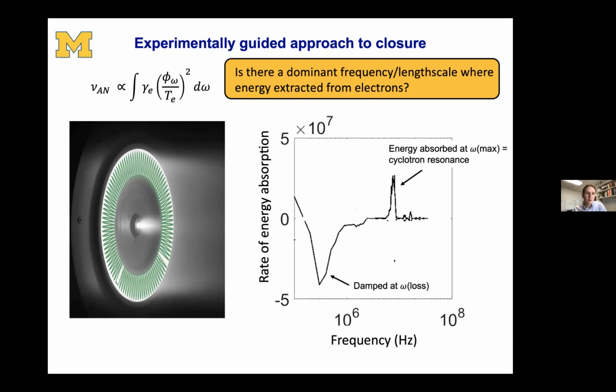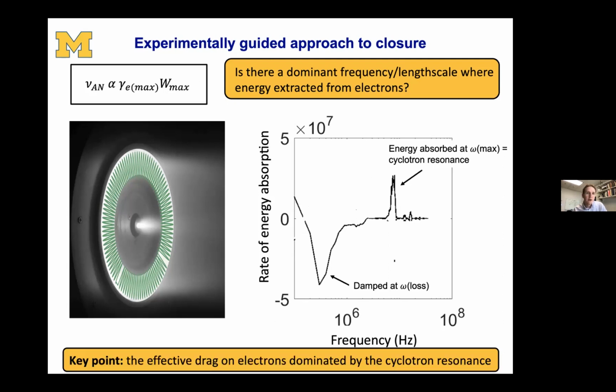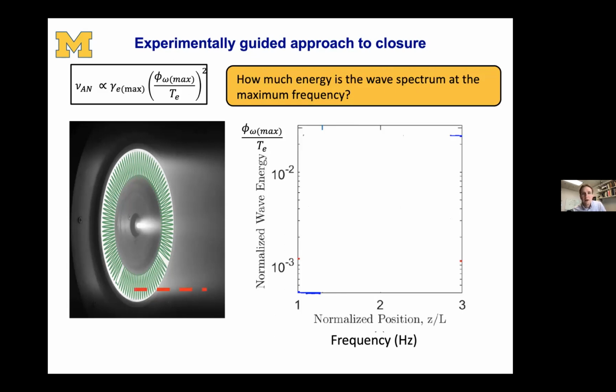So flipping back and forth here, we go from that integral to one which is just proportional to that energy exchange at that dominant length scale multiplied by the amount of energy present in the spectrum at that wave. And again, to harken that back to kind of physical intuition, that should hopefully make sense, because that is where those cyclotron resonances are where the wave is pulling its energy out of the electrons.